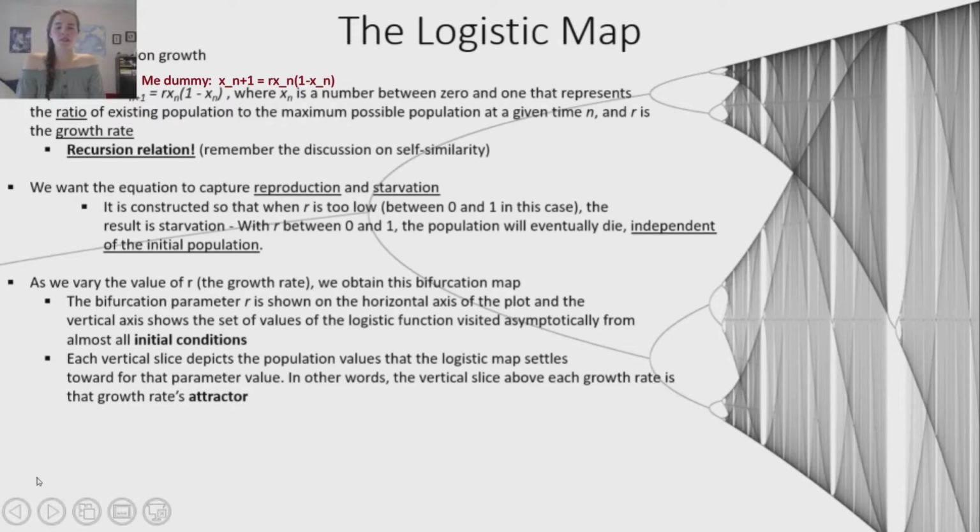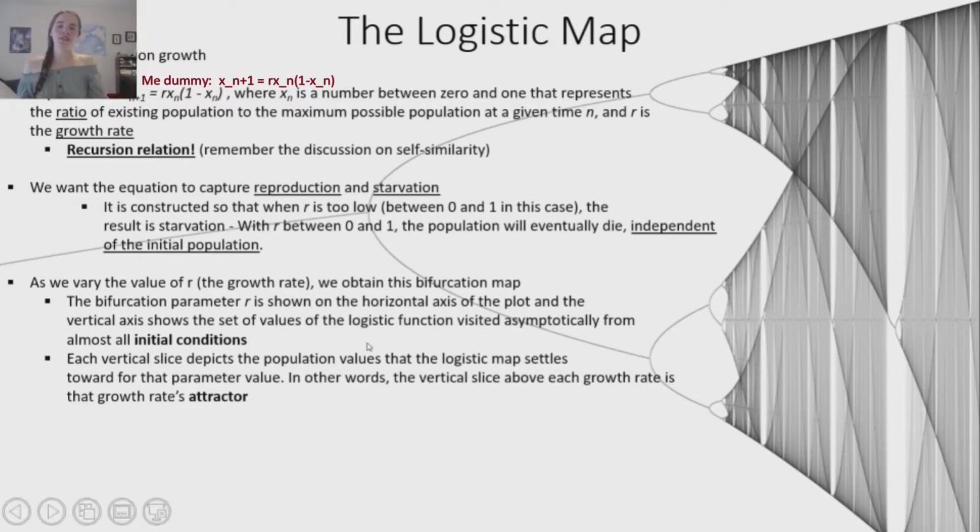Basically, it gives you a bunch of different r values on the horizontal axis, and then for each one you repeat this recursion relation over and over again for different values of r, and you eventually figure out where the function settles in general.